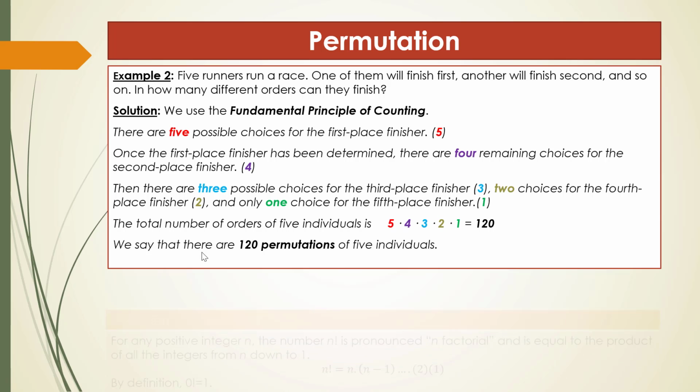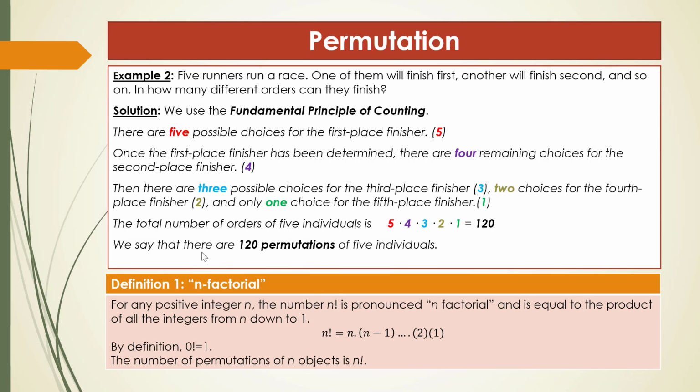So what is permutation? Here for convenience, whenever we have to multiply a number down to 1, like let's say 5 times 4 times 3 times 2 times 1, we use a notation that is 5 factorial. So here is the definition of n factorial.